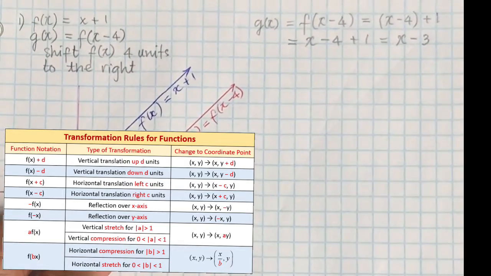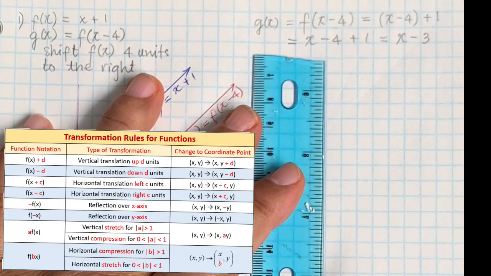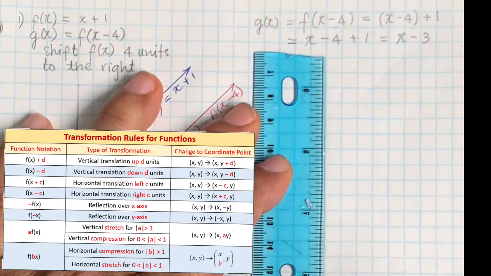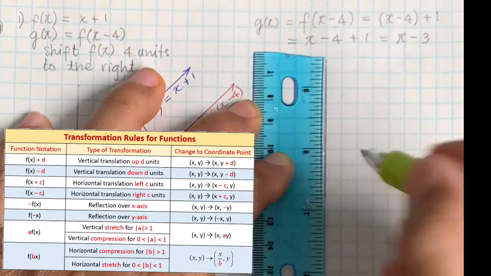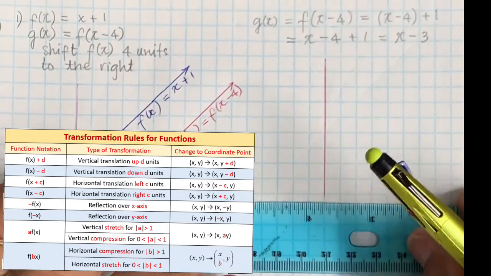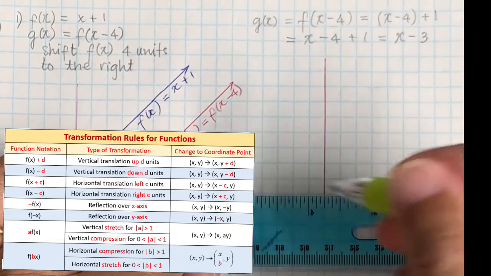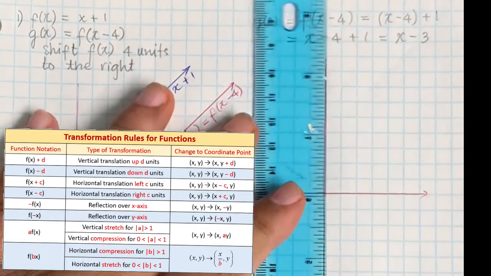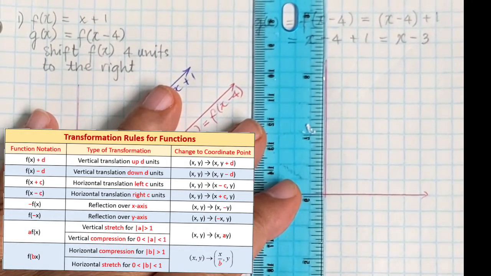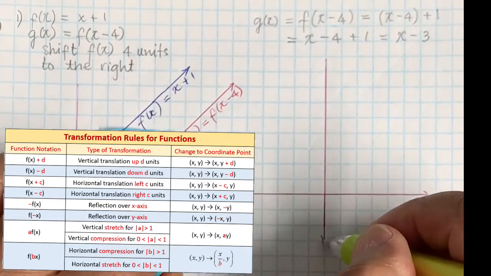Now you can graph both functions f of x and g of x. So that's my y-axis, and this is the x-axis. Let me extend this a little longer, so it looks nice.